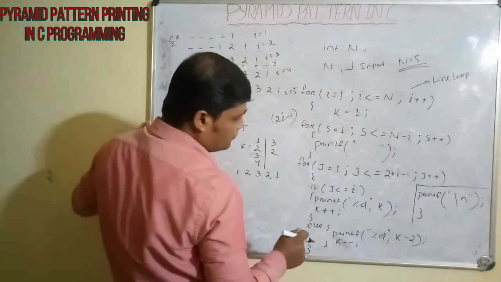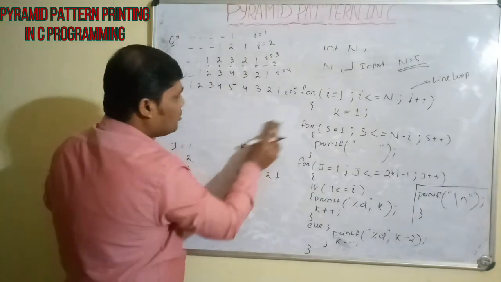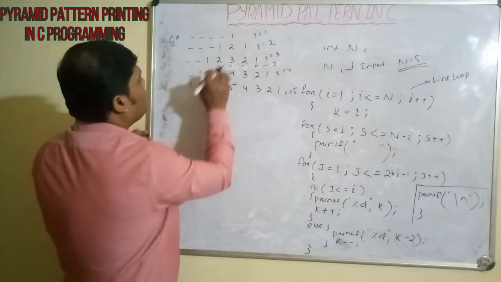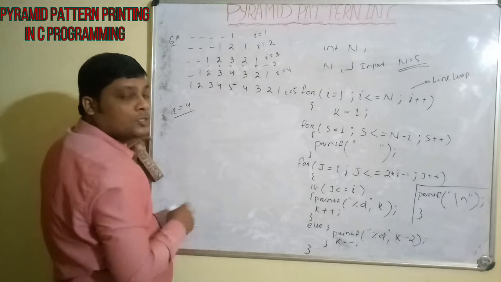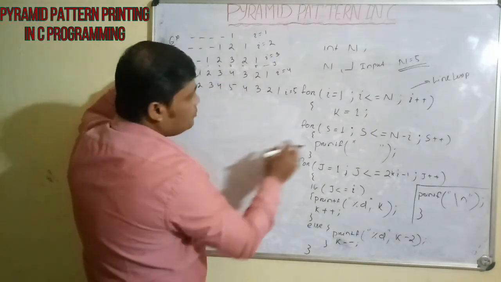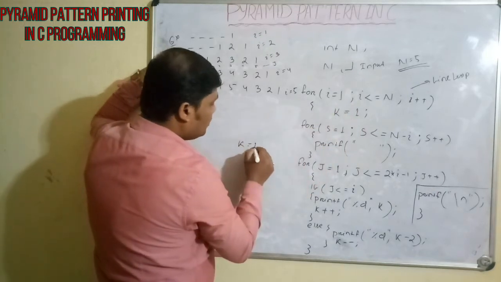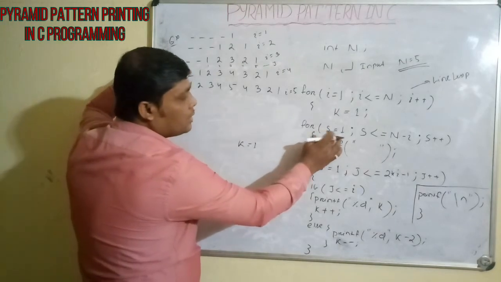Clear? Now see, suppose we are taking another line, any line. Suppose we are taking this line, I equal to 4. Just see. When I equal to 4, here k will be 1. Clear? Space. How many spaces will be there?